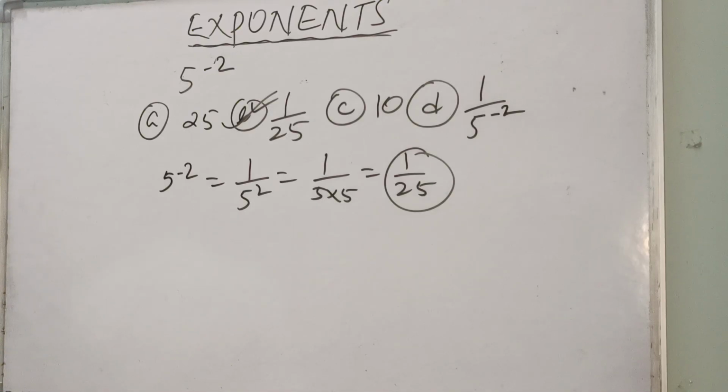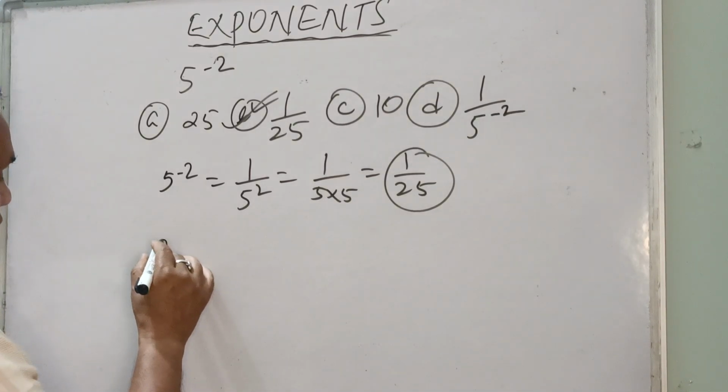Now we'll see another example. In the previous question you have seen a to the power m to the power n, then the power is multiplied. Now suppose a to the power m and b to the power m.